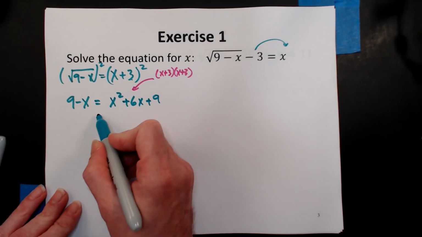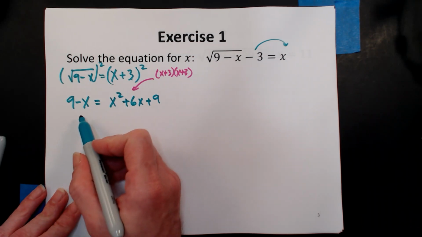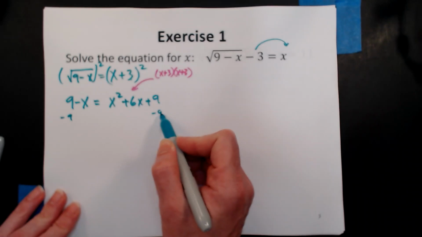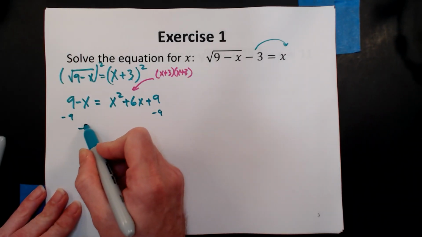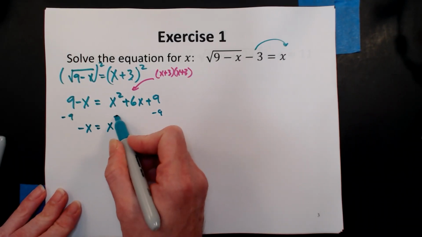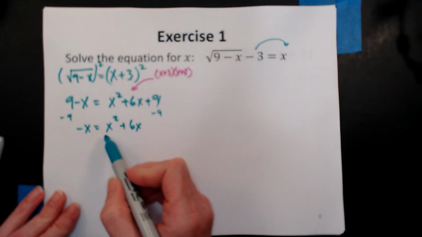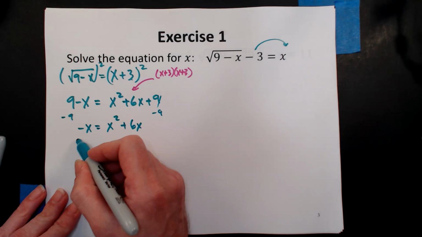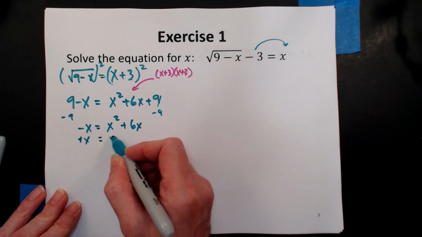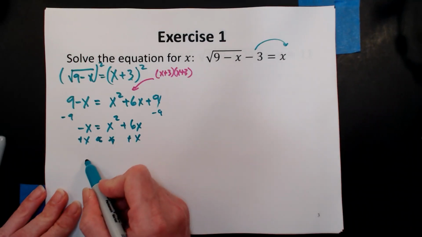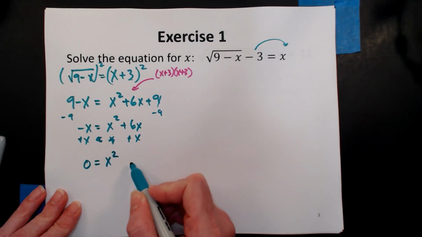Now that we have that, I'm going to subtract 9 from both sides. My 9s cancel here. x squared plus 6x. I'm going to add x to both sides. So doing so, I get 0 equals x squared plus 7x.